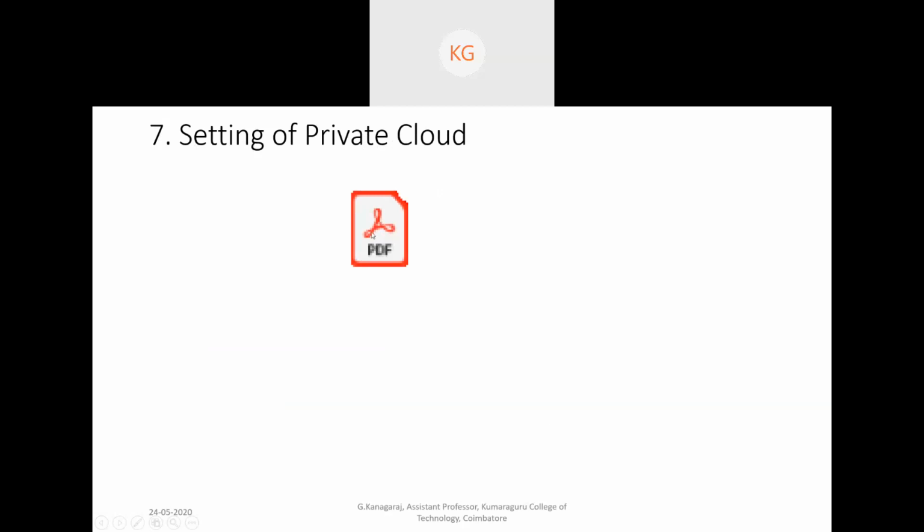Now we move on to the topic of setting up a private cloud. If there are any queries, I think we have crossed half of the session. So now we're going to discuss how to set up a private cloud.